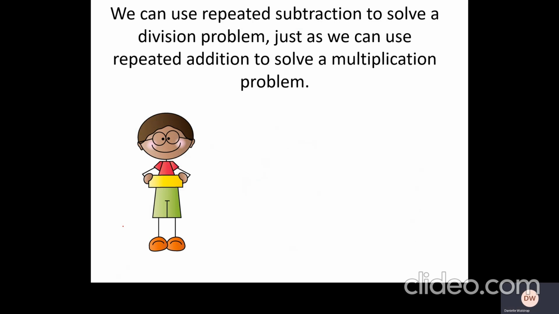Now, we can use repeated subtraction to solve a division problem, just as we can use repeated addition to solve a multiplication problem. This time, let's think about 20 divided by 5. We're going to take away 5 each time. 20 minus 5 is 15. Minus another 5 gives me 10. Minus another 5 gives me 5.